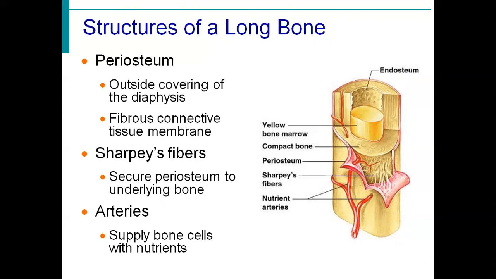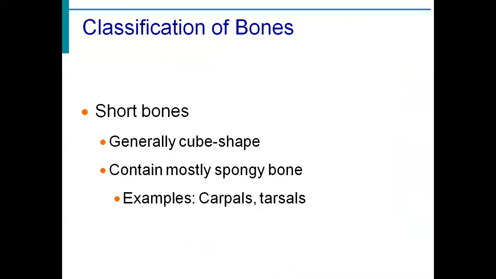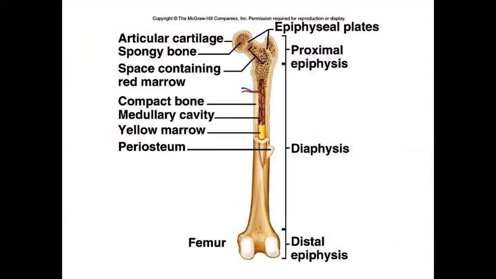Long bone is the most important topic for your syllabus. Histological structure of long bone and anatomical structure of long bone, you have to remember carefully. The other bone types, short bones and flat bones, are not very important for your purposes.